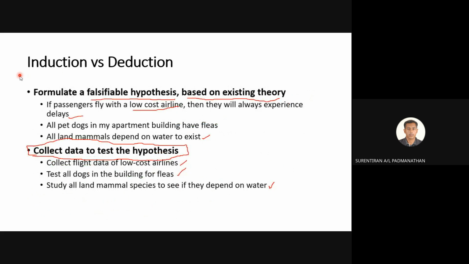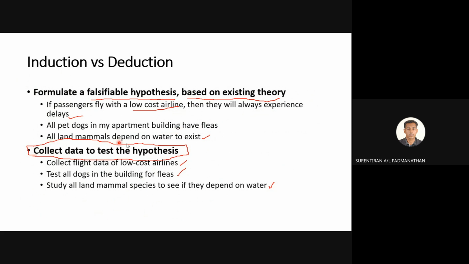All right. After that, we formulate a falsifiable hypothesis based on the existing theory. If passengers fly with a low-cost airline, then they will always experience delays. All pet dogs in my apartment buildings have fleas.